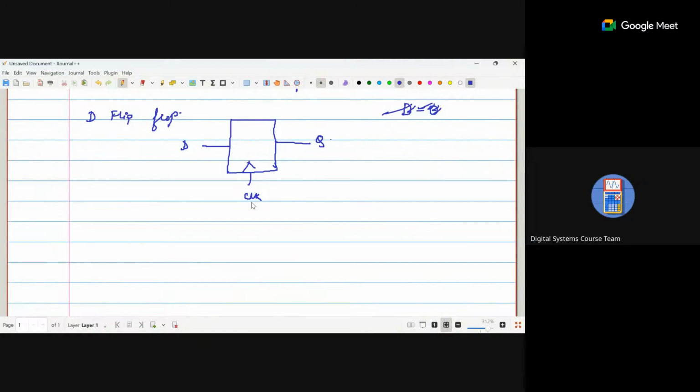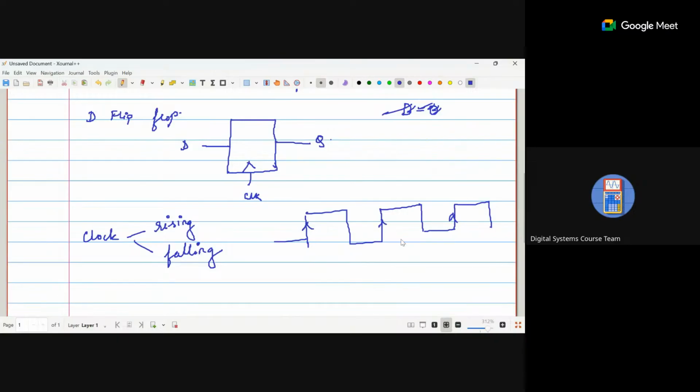Now what you have to understand is that the clock has two edges. One is the rising edge and the other is the falling edge. What are rising and falling edges? Let's say you have a signal like this. This is how the clock will be sent, going down, then up.